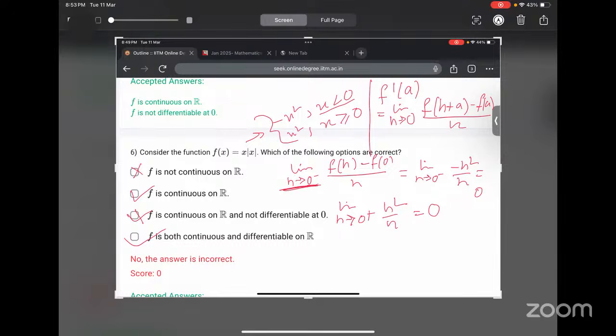You have two options: you can interchange the sign here, or directly use the derivative formula. If I use the direct derivative formula, the left hand derivative becomes the limit as h tends to 0 of f of a minus f of h minus a by h, and this formula is the same as the other one. That will give 0 as the outcome.